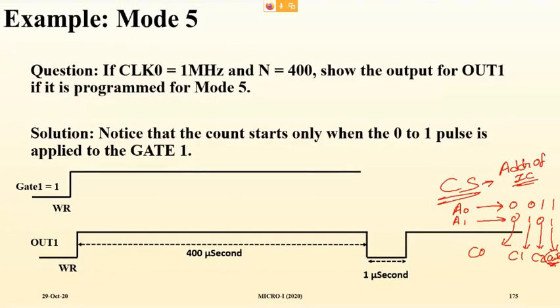And remember one more thing, CWR is mostly the last address. Whether you used 8255 or 8254, or any other IC in future, you will find that CWR is mostly the last address.